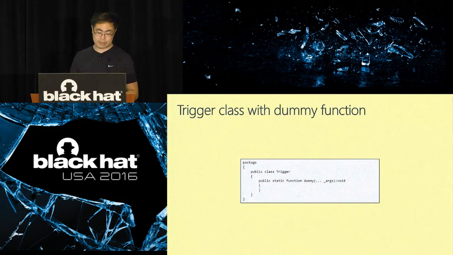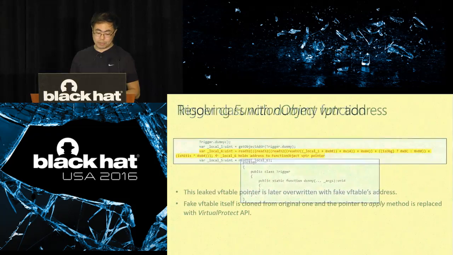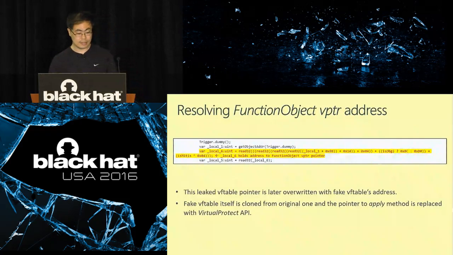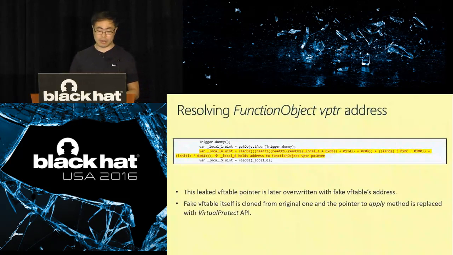The exploit will try to corrupt the function table, the virtual function table for this dummy method. And you see there's some address calculation here, and you will overwrite the apply or call method here.